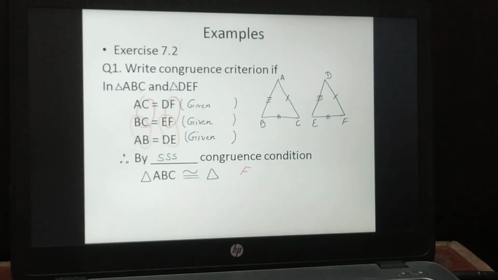So wherever B is there we will write E. So in place of B I am writing E. Now we have only one point left. Just find out which point is left. E we have already written, F we have already written, so D is left. So in place of A, which one will come? D. So triangle ABC is congruent to DEF. This is already given in the question. You just need to find out the congruence condition. But this is the way we find the congruent parts, the corresponding parts.